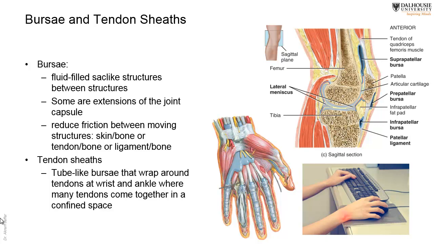Again, these sheaths contain synovial fluid, and they reduce friction because the tendon is always moving. And remember that these tendons pass within the carpal tunnel, the very crowded carpal tunnel, so they need something to reduce friction between them, and these are called tendon sheaths. They are also present around the ankle joint, not only around the wrist joint.